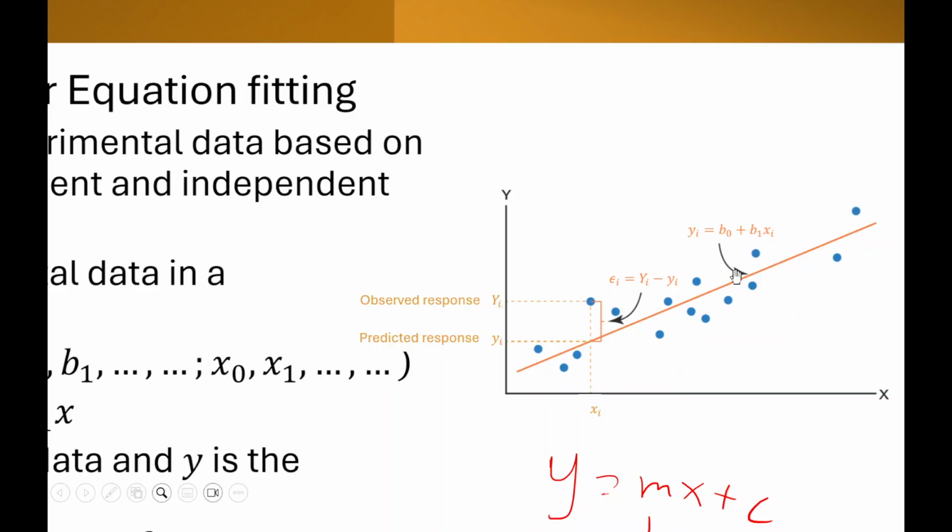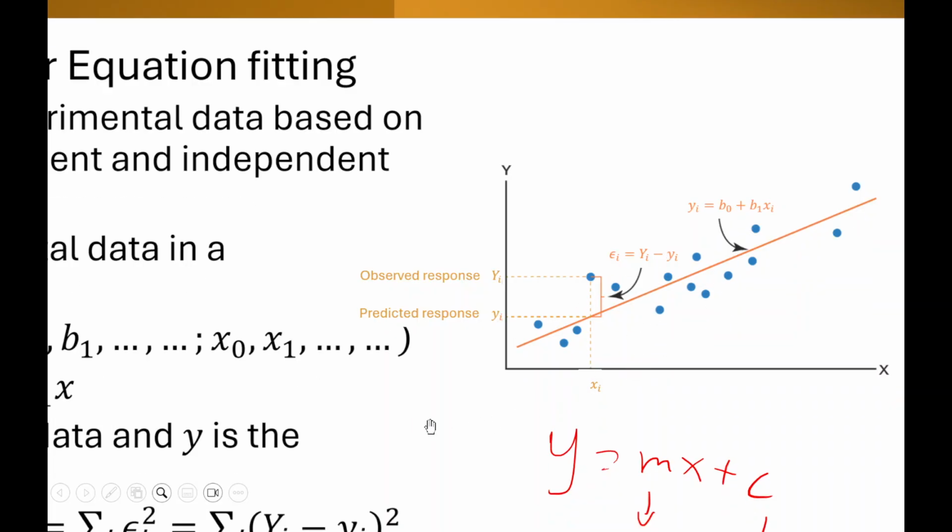So this is the modeled line, which is given by small yi is equal to b naught plus b1 xi. And at a particular xi, the error between the experimental data and the predicted model will be capital Yi minus small yi.